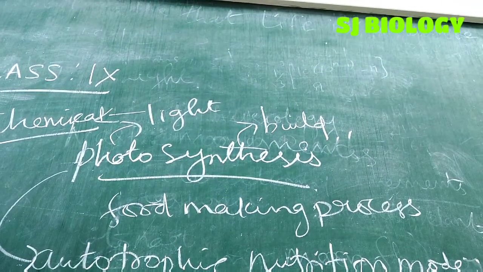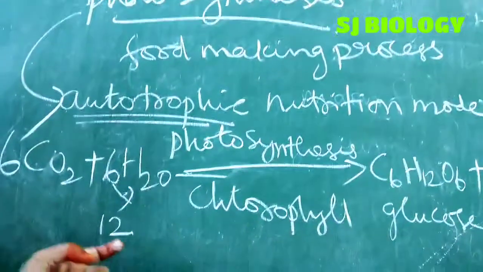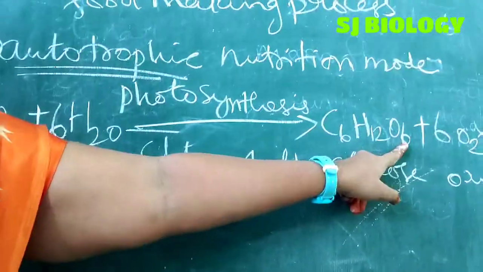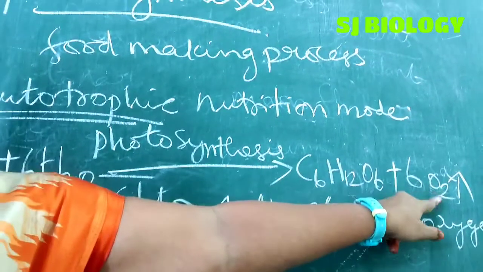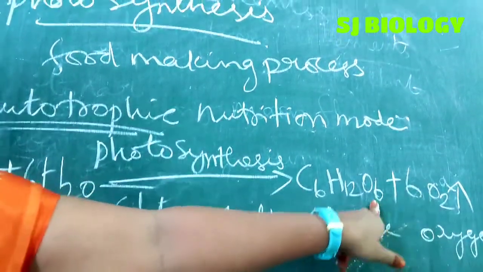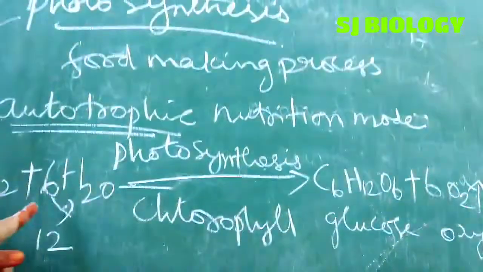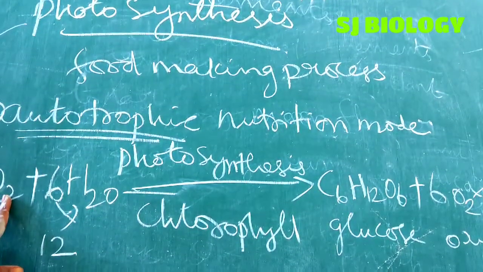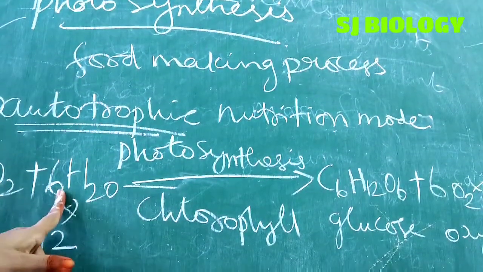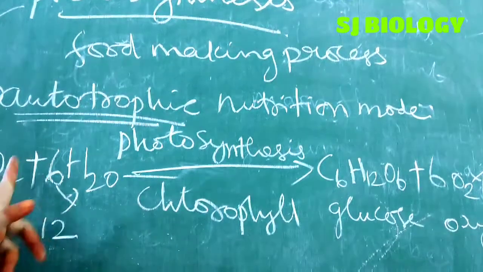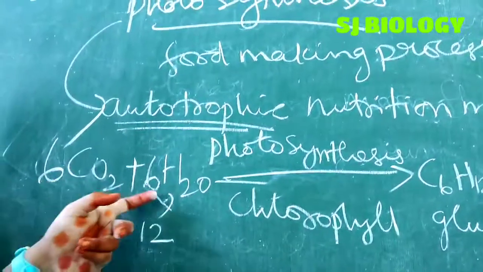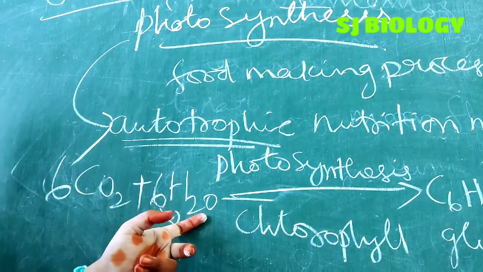So 6 into 2, 6 2s are 12 hydrogens we have, and then 6 oxygen in glucose, and here also 2, 6 2s are 12. 12 plus 6, totally 18 oxygen. Here also 6 oxygen and 6 2s are 12, and then 12 plus 6, 18 oxygen also. That's why we put 6 in front on both sides. So 6 carbon dioxide, 6 H2O.